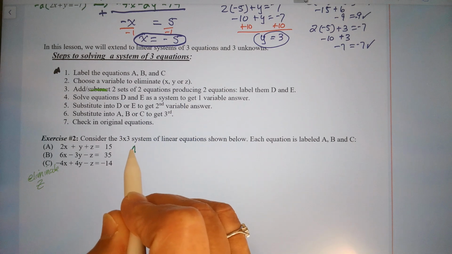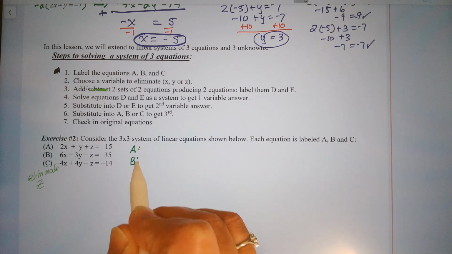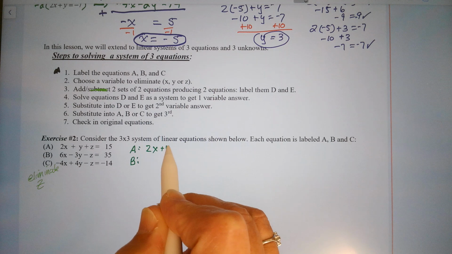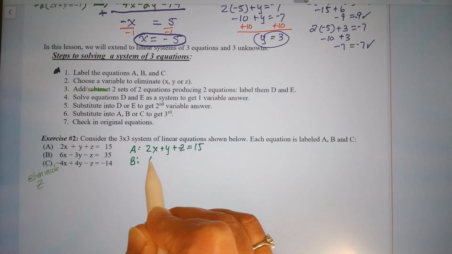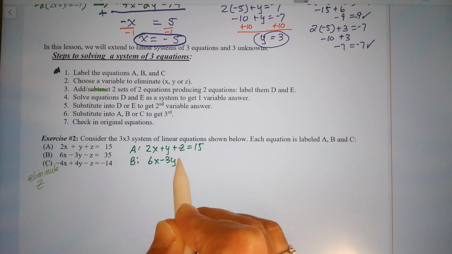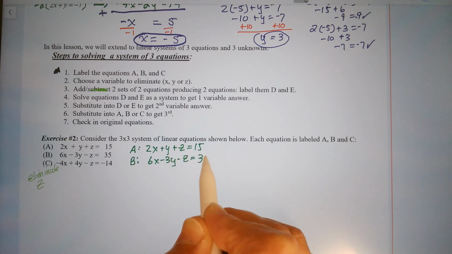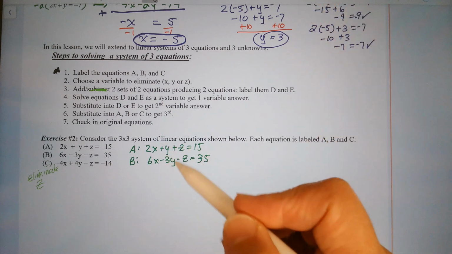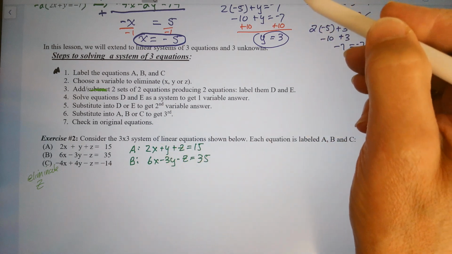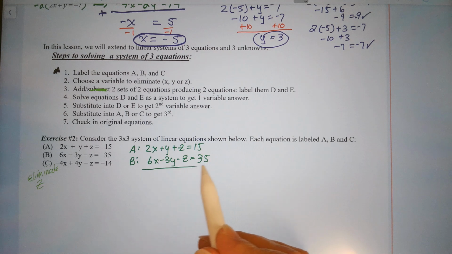So I'm going to write down A and B: 2x plus y plus z equals 15, 6x minus 3y minus z equals 35. These terms are already opposites, so now I'm just going to add.